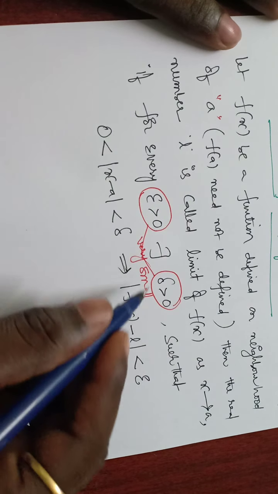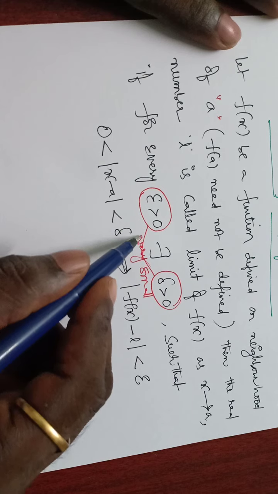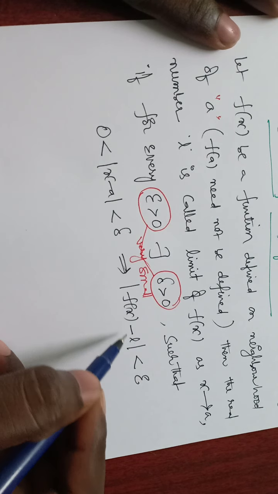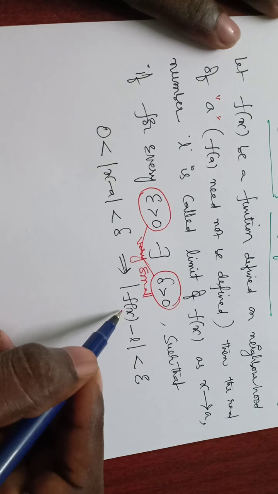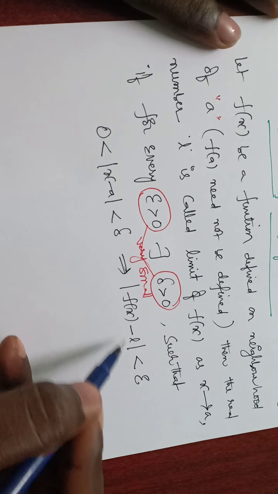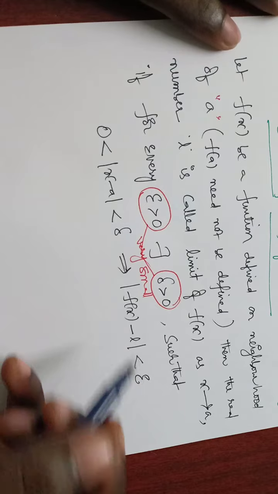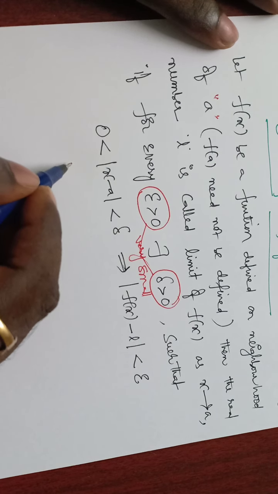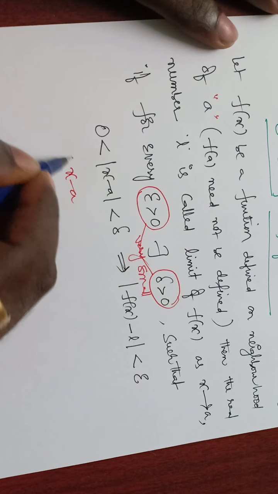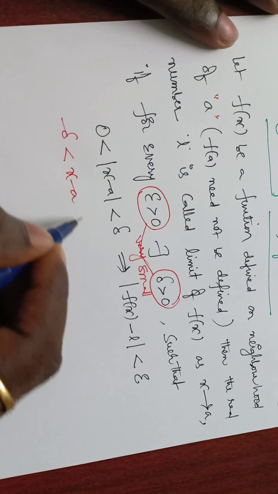And already epsilon is a very small value, and the difference between f of x and L is less than epsilon, which means that f of x is very close to L.